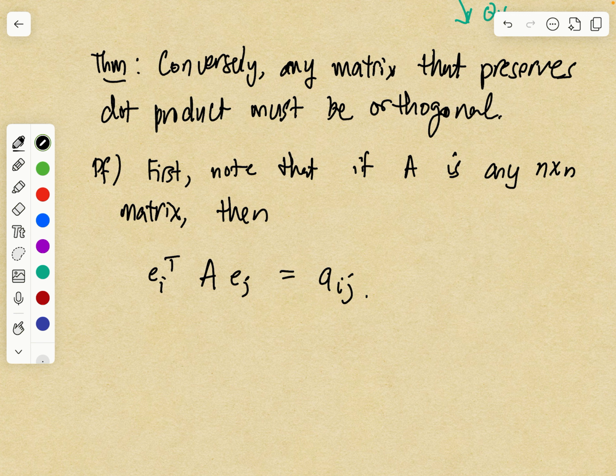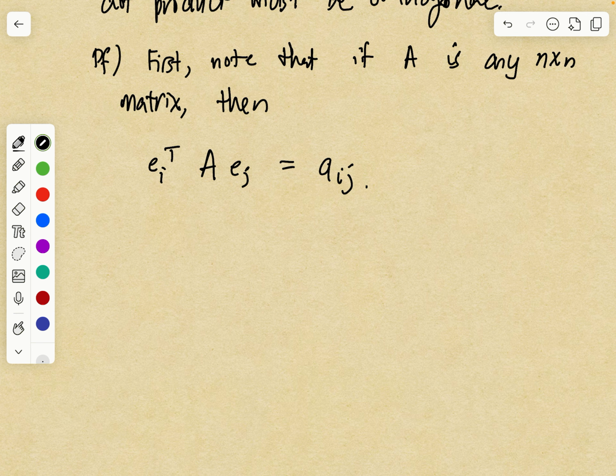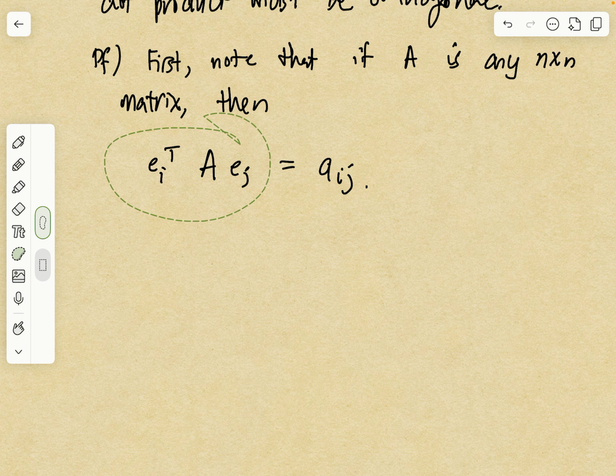Okay, that's easy to check because A times e_j just picks out the jth column, and then if you multiply that on the left by this row vector, you just pick out the ith entry in the jth column, and that's the ij entry of A. So that's a useful fact. It'll be used to prove the theorem.